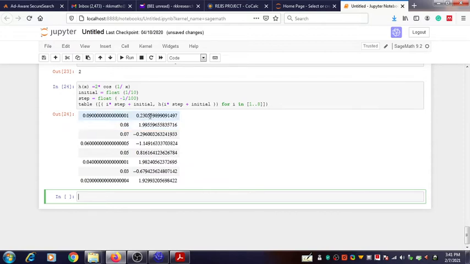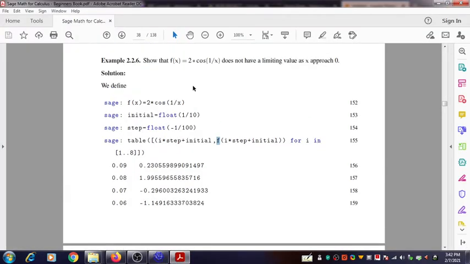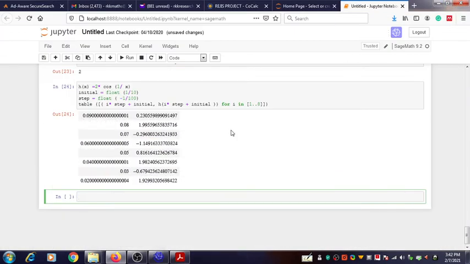Now you can see, as we go through the function values, as it approaches 0, we are considering the point approaching 0. The starting value of x is 0.09, then 0.08 is taken, 0.07 is taken.